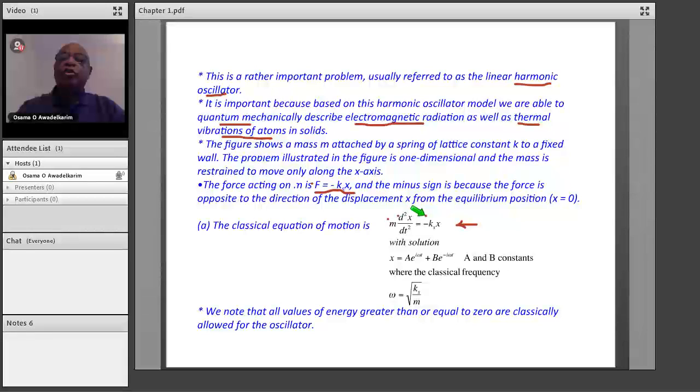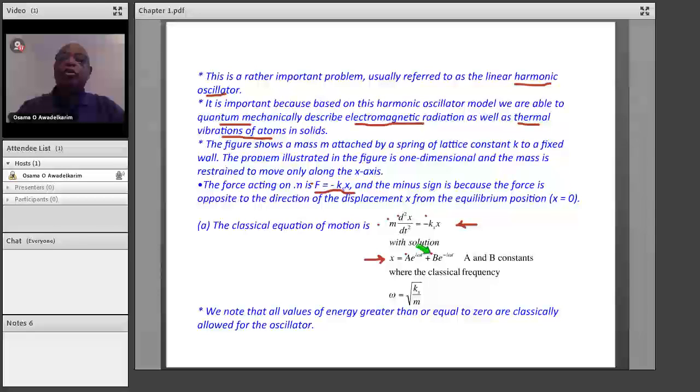Now, we know that this is a very famous second order differential equation, and we can try a solution of this sort: x equals a constant A times e to the i omega t plus another constant B times e to the minus i omega t. So this gives us oscillations.